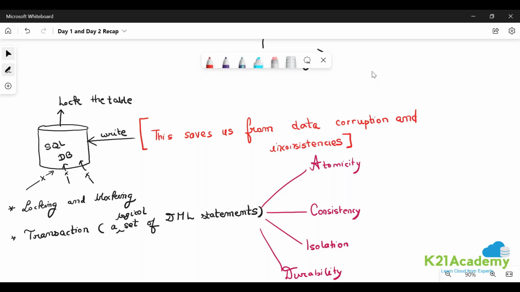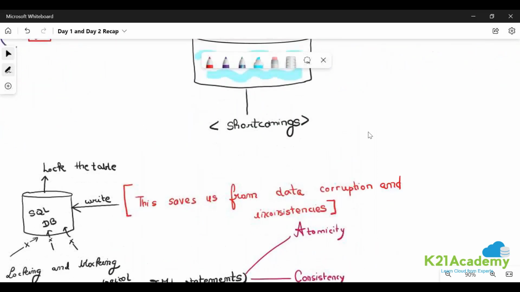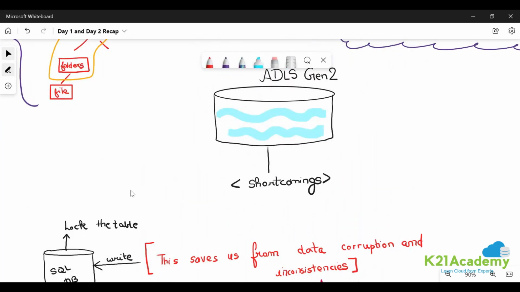So now our question is that this feature is not found on lakes. Lakes do not have this feature, sorry.